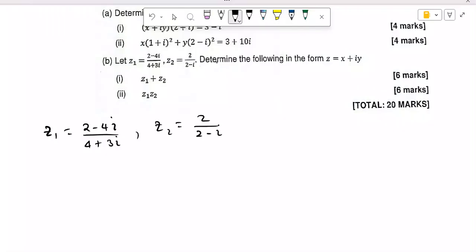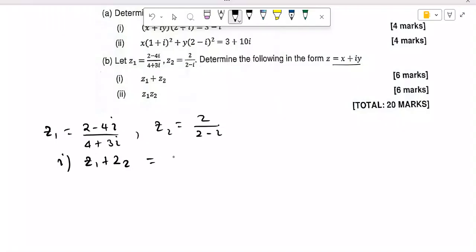Write in the form, determine the following in terms of the form. So they want the rectangular form, where you have a real number and i. Okay, so find z1 plus z2.